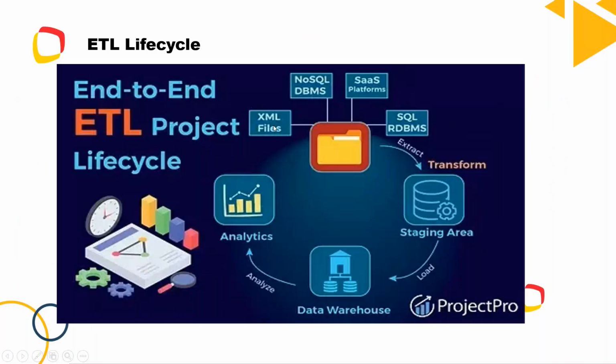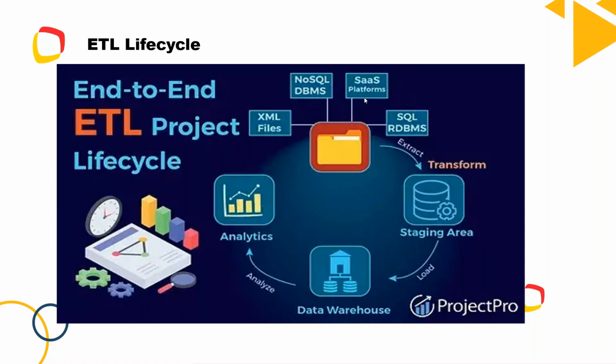today's content, we have the end-to-end ETL lifecycle. We already discussed, right? We have sources, like different sources: XML files, NoSQL databases, SaaS platforms. SaaS is software as a service. From different software and platforms, we can receive the data in SQL or DBMS.